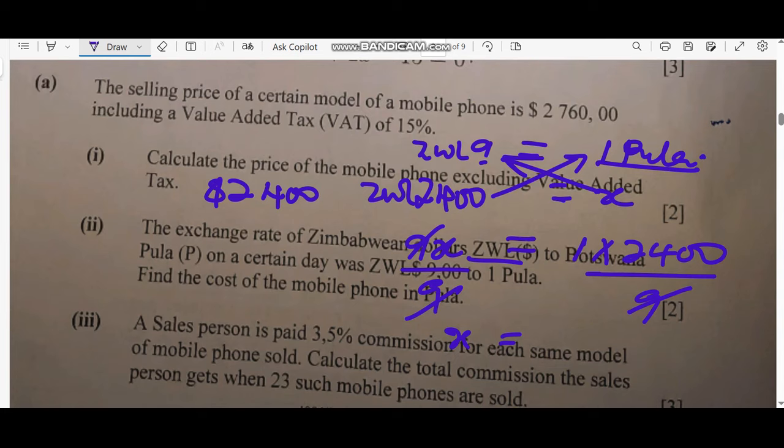It is 266 per calculator, 266.667, which continues like that. So you're correct to 3 significant figures. You have to leave it as 267 pula. That was the price of the phone in pula.